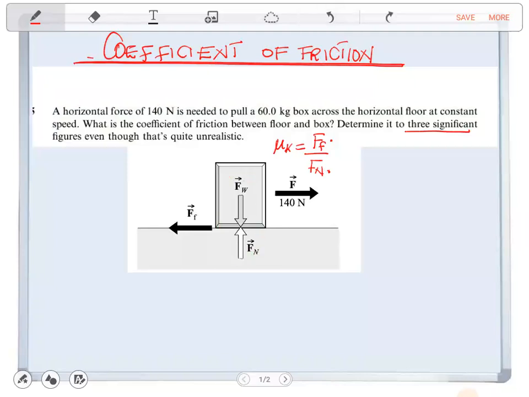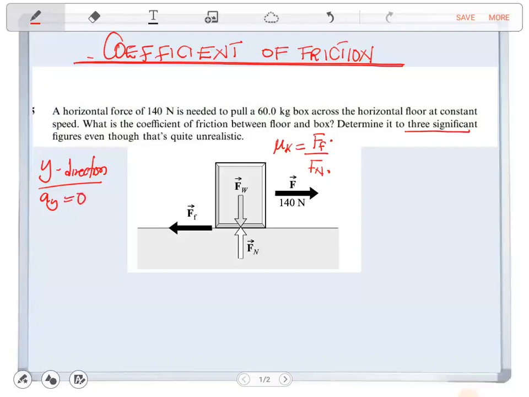All right, so we are going to consider the movement in the y direction. Is this box moving up and down? No, it's not moving up and down. Since the box is not moving up and down, acceleration in the y-axis is 0.